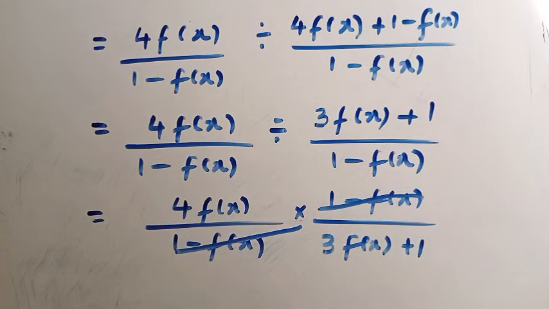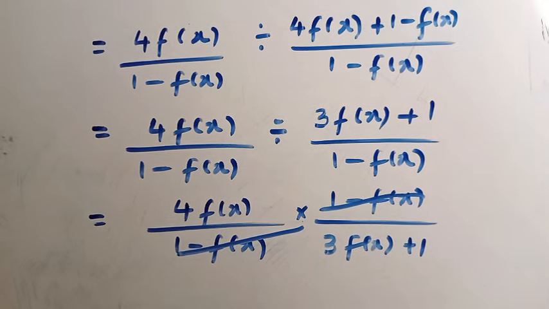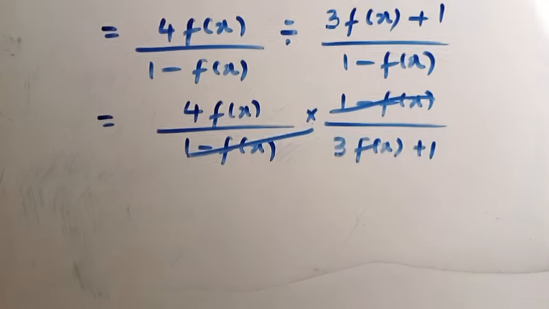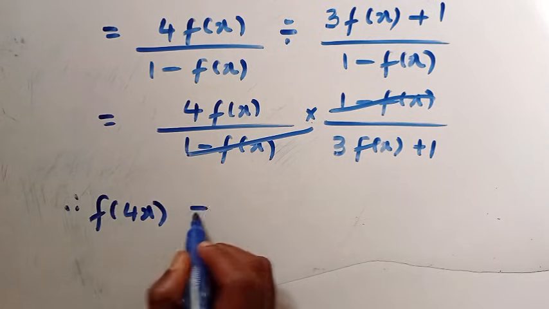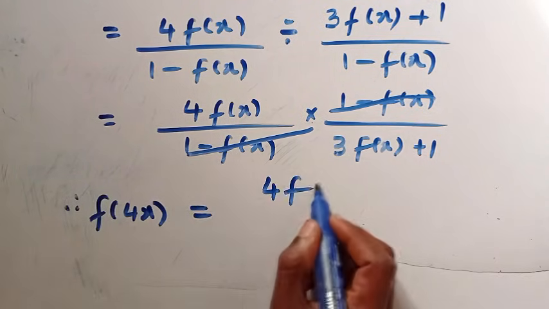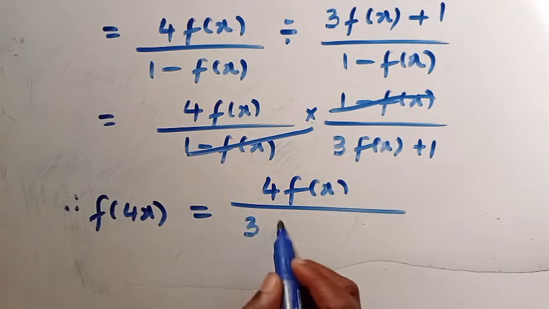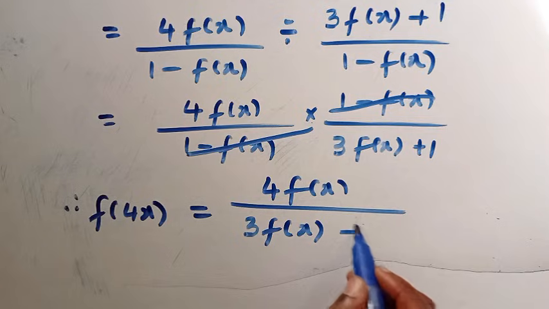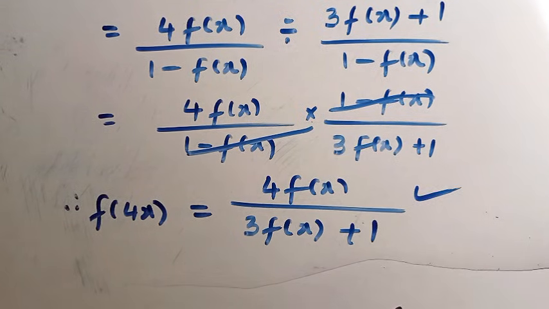Both cancel, and we are left with the answer that we needed, which is f(4x) equals 4f(x) divided by 3f(x) plus 1. So this gives us the answer to this problem.